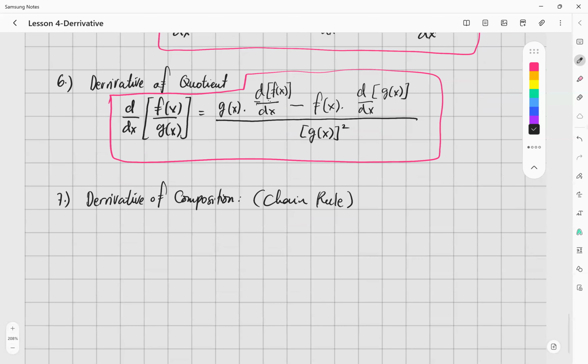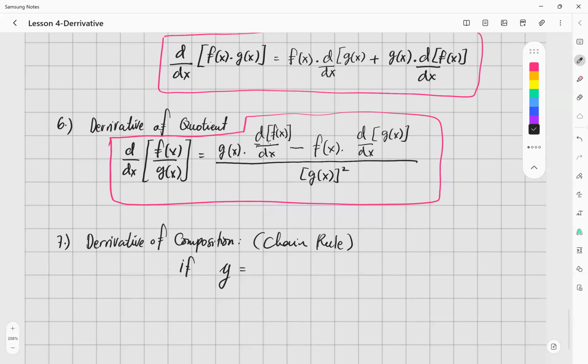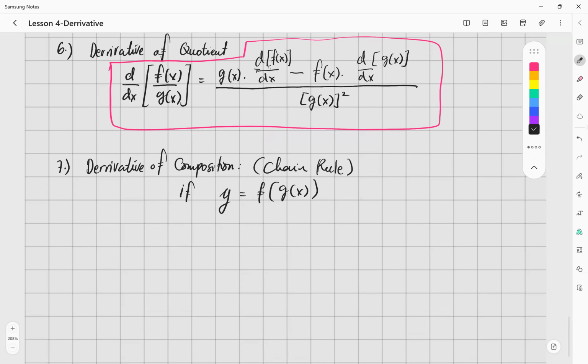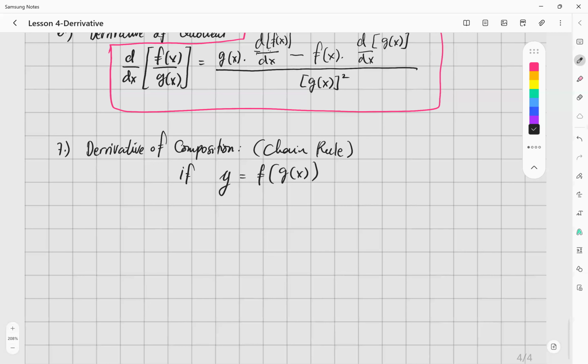Okay, so for example, what is it? For example, your function is a composite function. If you have the function y is equal to f of g of x, this is the composite function you will learn.